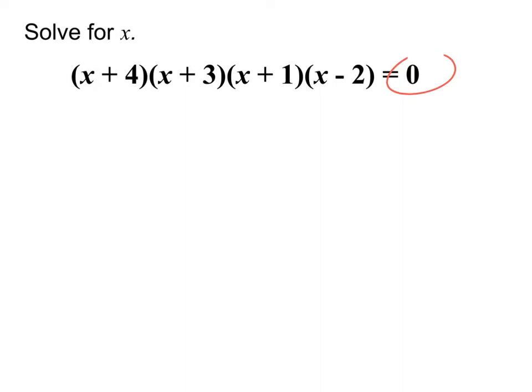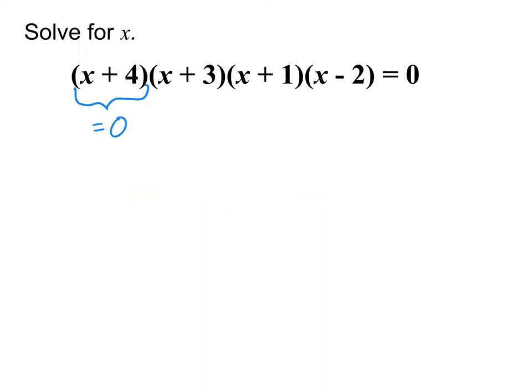And being equal to 0 is so important because of the zero product property, where if I can make this set of parentheses equal 0, then I know that 0 times anything else will equal 0. And because of that, since everything is being multiplied there on that left-hand side, I can just figure out what the solutions are by making each of those different parentheses, each of the factors that is, equal to 0 individually.